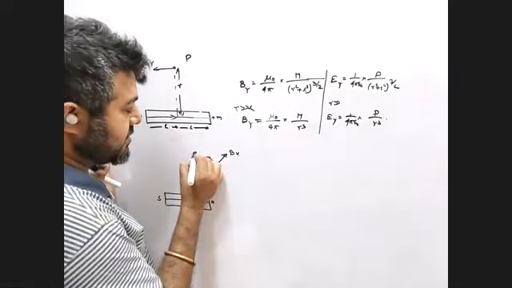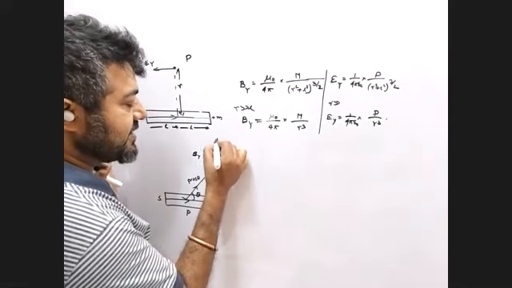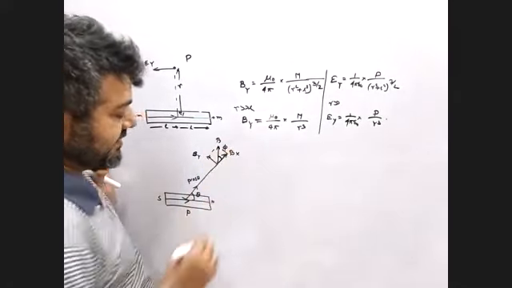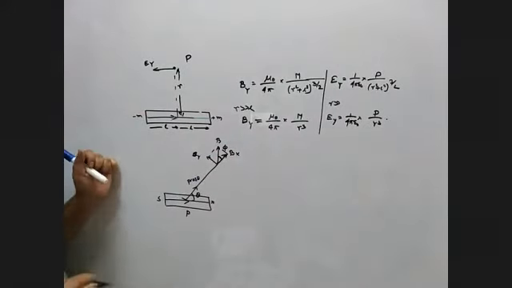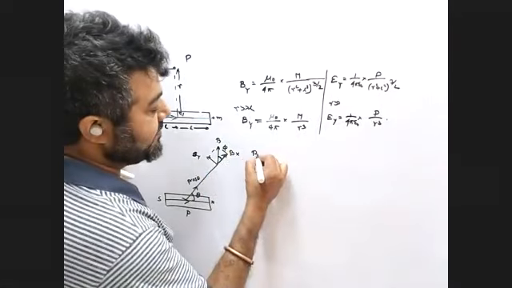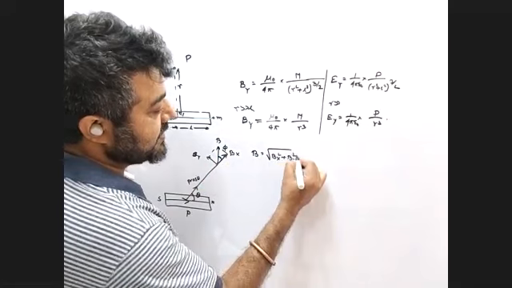So this is Bx, this is By. I think all of you remember, right? This is the resultant B. This angle is phi. Remember, in this type of situation, now I can write directly. My B is root under B of x square plus B of y square.